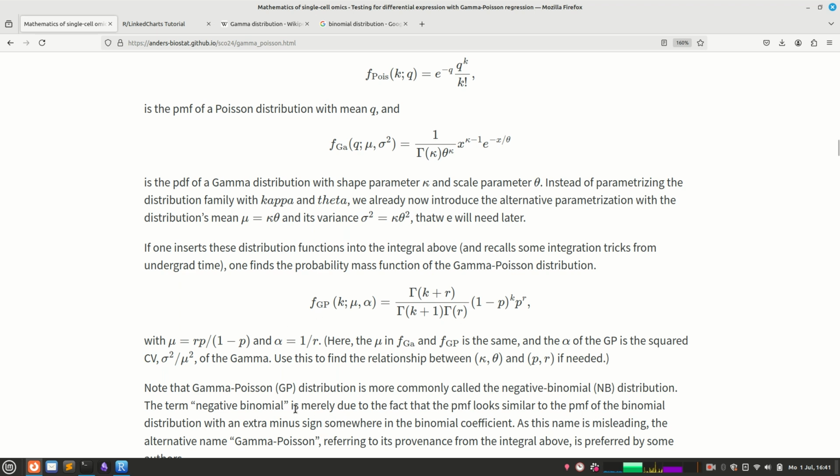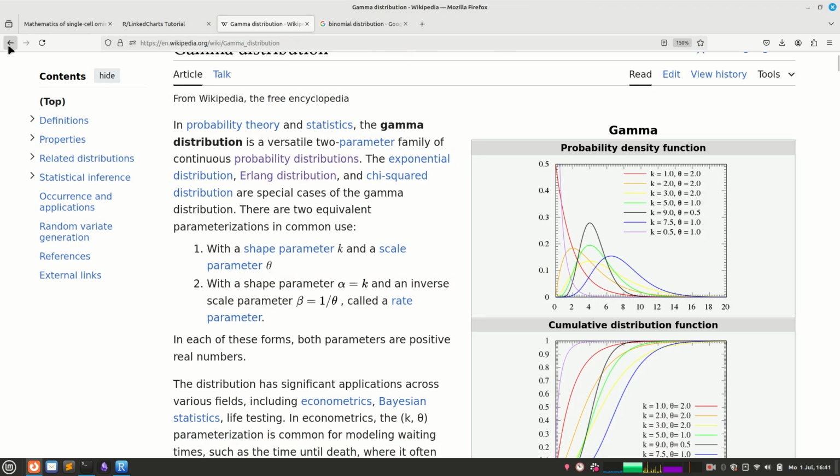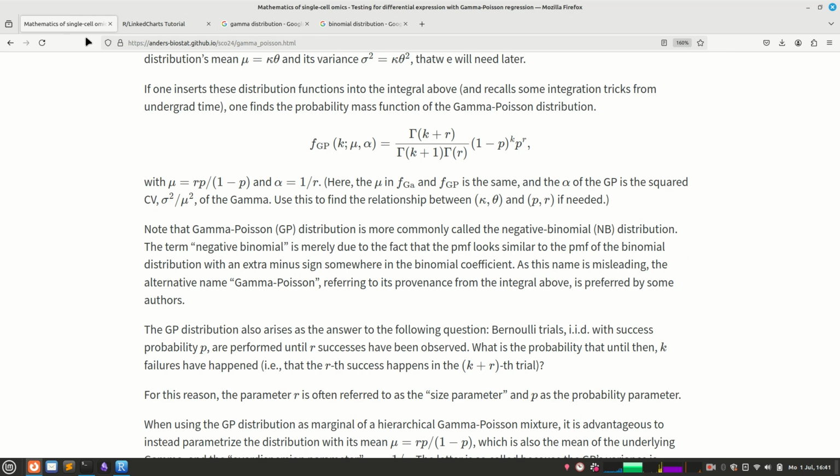The gamma Poisson distribution traditionally comes from a different thing, namely from a waiting time question. You do Bernoulli trials, like throw a coin, where you have a certain success probability, and in the normal binomial you always ask the question like, if you do 20 trials, what's the probability of getting exactly 3 successes?